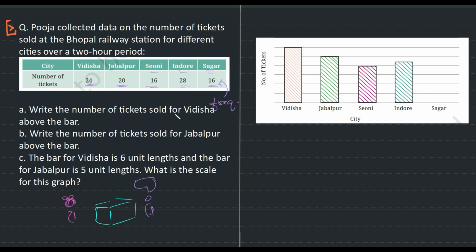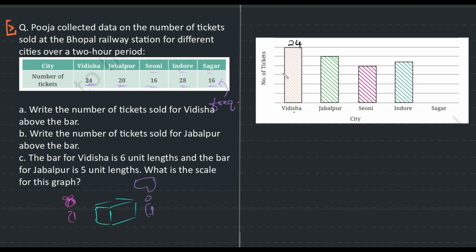Write the number of tickets sold for Vidisha above the bar. This is the bar representing Vidisha, and write 24 above that. Why 24? That is the frequency value, the number of tickets bought to that place.